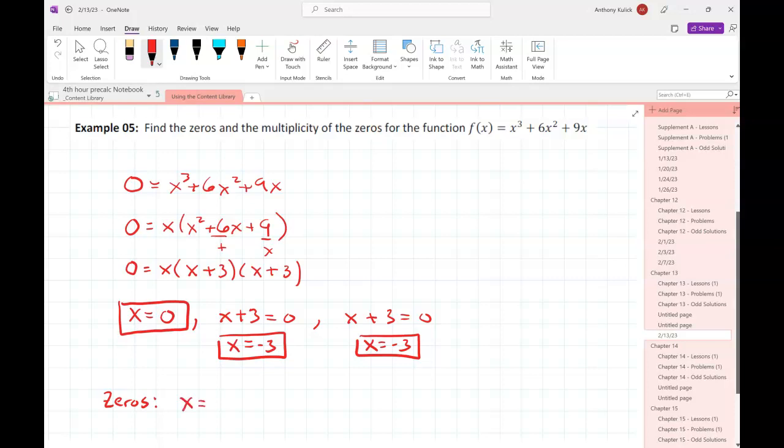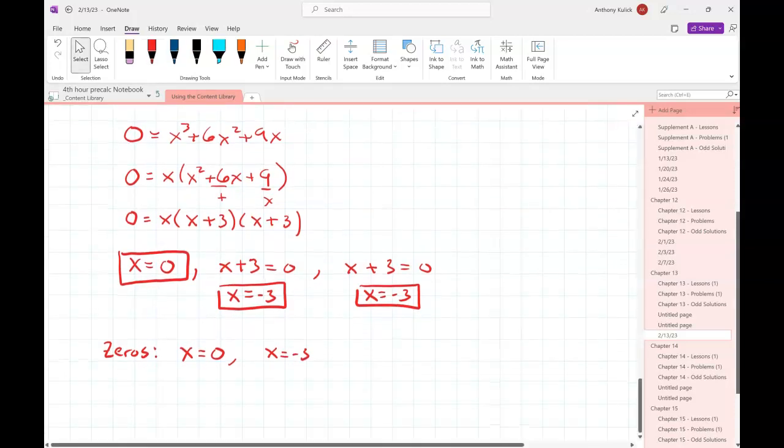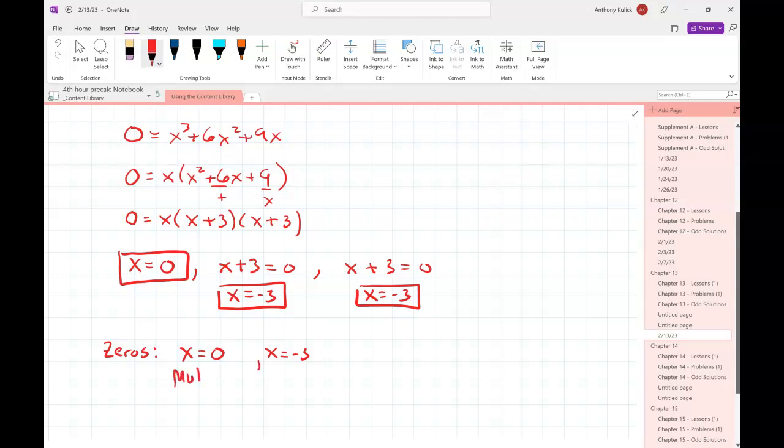What are the two solutions? 0 and negative 3. How many times does 0 occur? Just once, right? So its multiplicity is 1. How many times does negative 3 occur as a solution? Twice. So its multiplicity is 2.